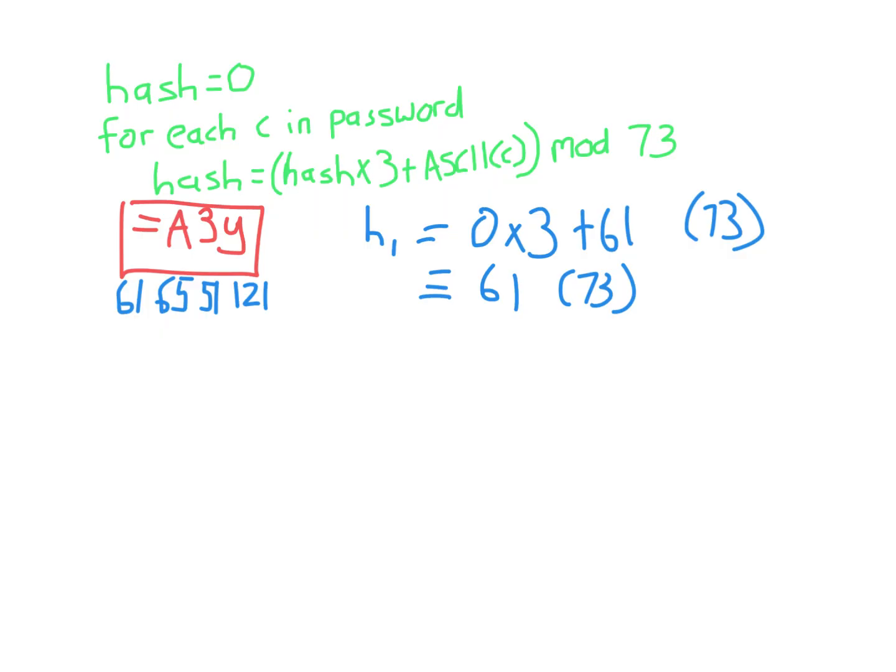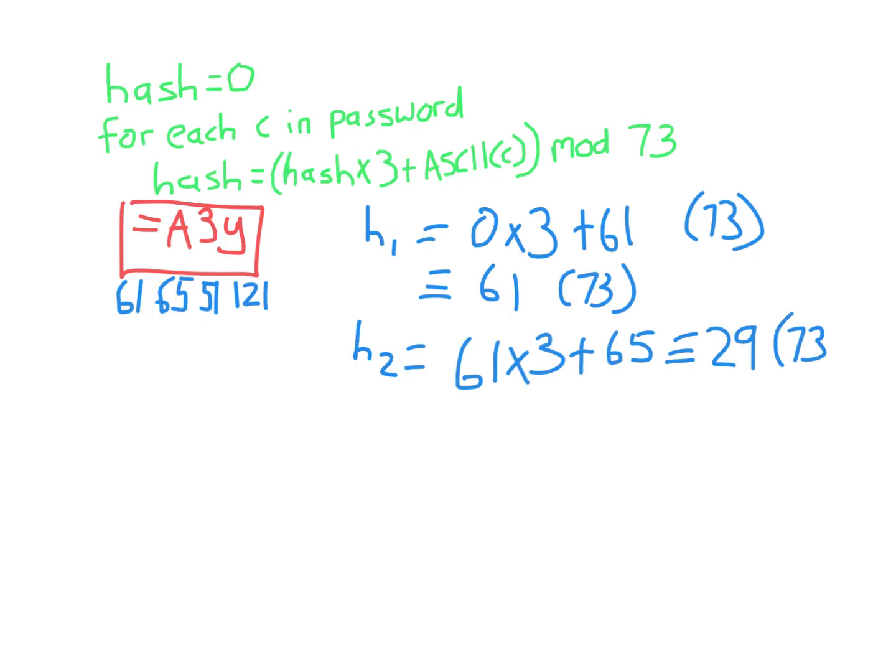So when I hash A, I'll call this H2. It will be the previous hash value of 61 times 3 plus the ASCII value of A, which is 65. So putting that in our calculator, we see that it is 29 mod 73. Now we're going to hash the character 3. So it's the previous hash value times 3 plus the ASCII value of 3.